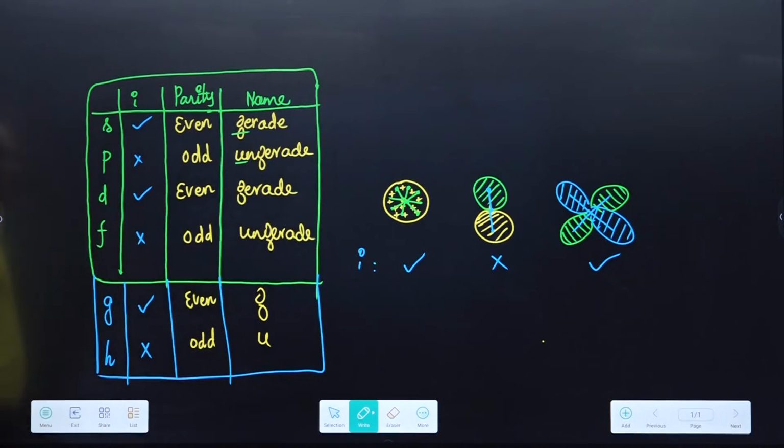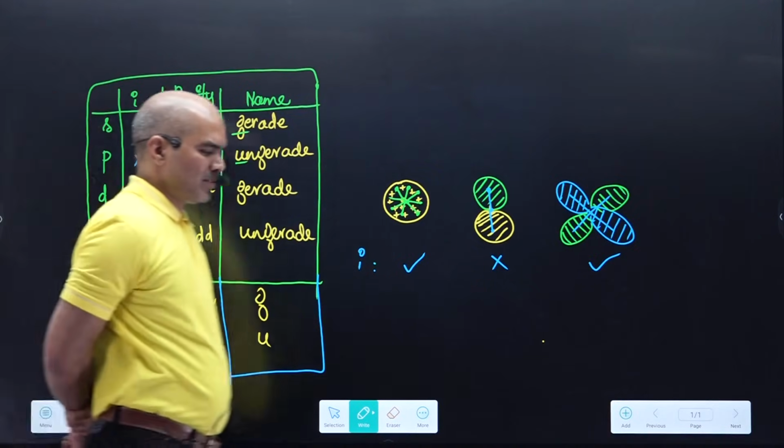The g and u symbols which you give in chemical bonding, that is gerade, ungerade. Gerade means parity will be even, center of inversion is present. Ungerade means parity will be odd, center of inversion will be absent.